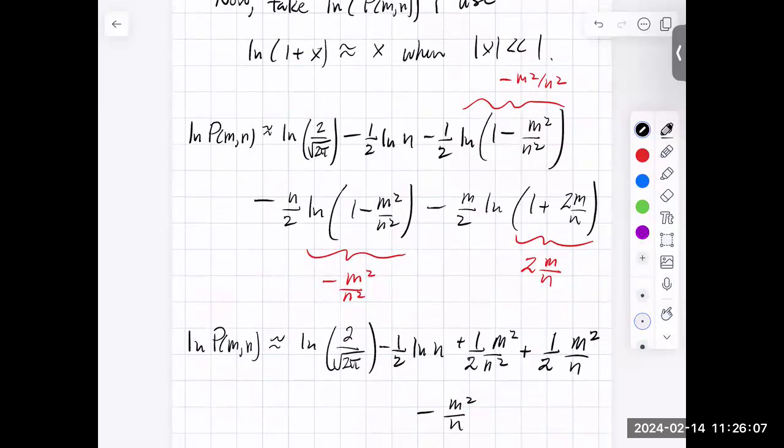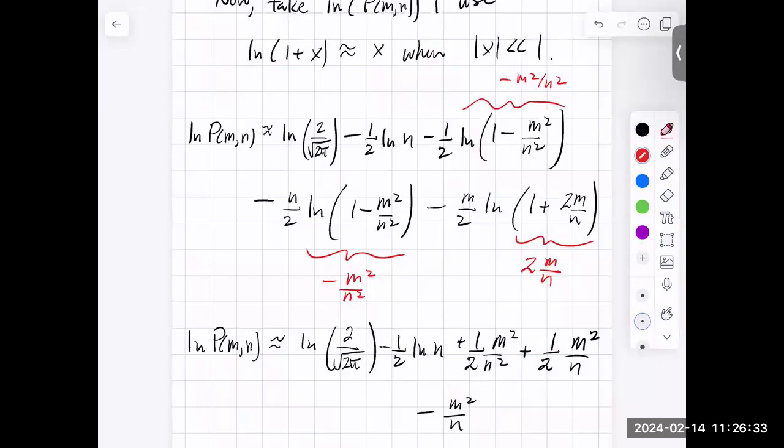The first thing we could notice is that we have m squared in 3 of the terms. In one of them, we divide by n squared, and in the other 2, we divide by n. n is a large number, so this is small compared to these 2 terms, and we're going to neglect it. You were probably just going to make that approximation earlier, but I think that's essentially what we're doing now.